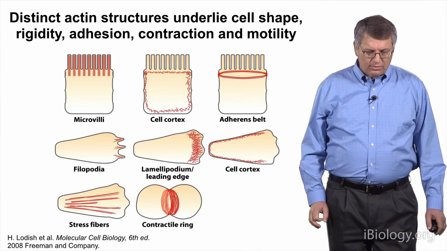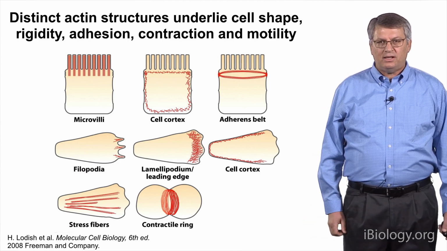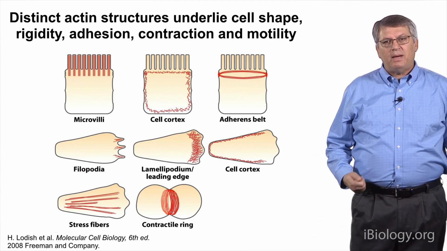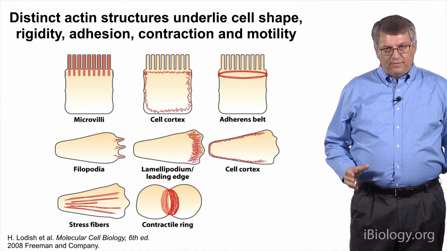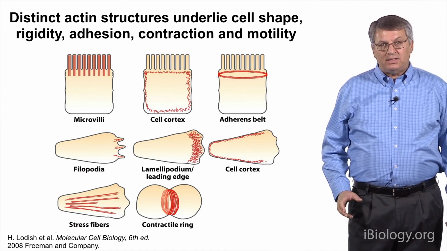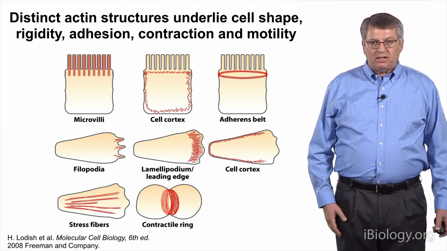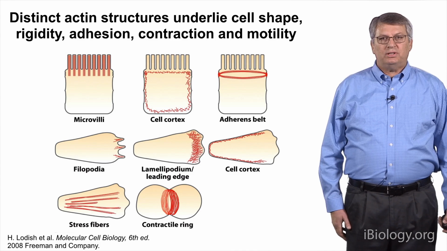And so in order to understand how actin does this mechanistically, we need to understand the intrinsic properties of actin itself, and the properties that are added to the cytoskeleton by various actin binding proteins.